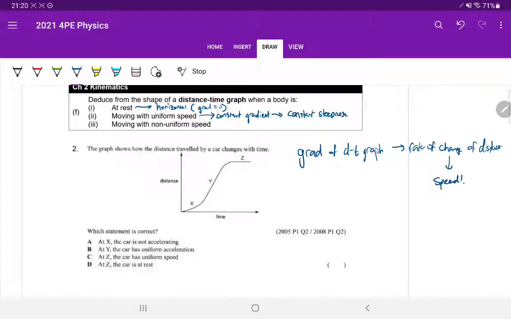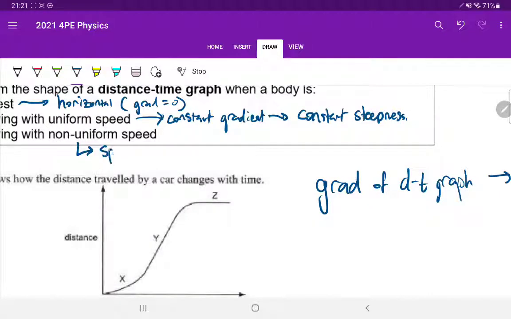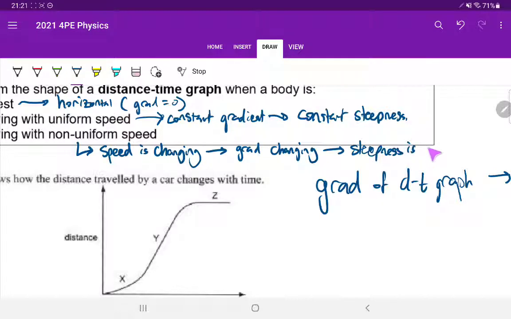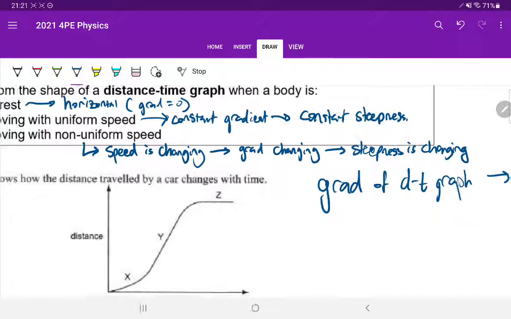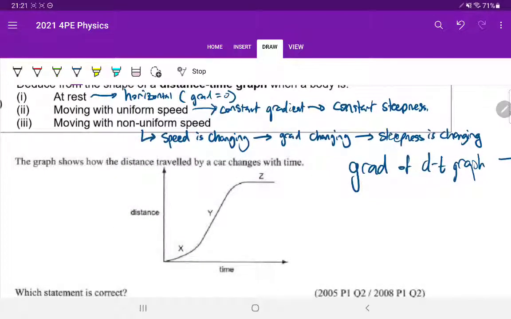The last one, moving with non-uniform speed. So it's when the speed is changing. So non-uniform speed means speed is changing. Maybe I'll zoom in a bit here. So this means that the gradient is changing, and gradient always means steepness. So steepness is changing. I'm breaking this down to make it less jargon, okay? So I'm sure you can recognize when the steepness is changing.